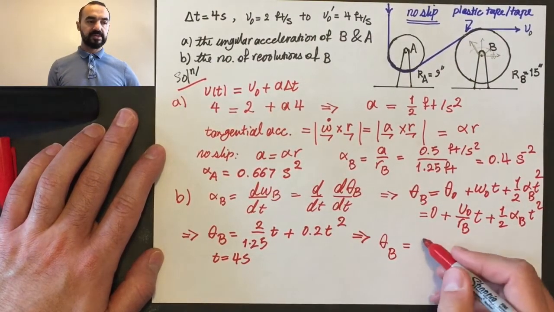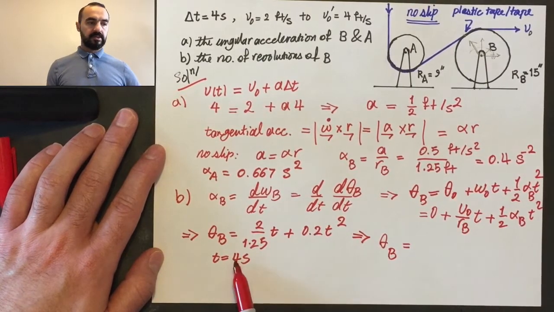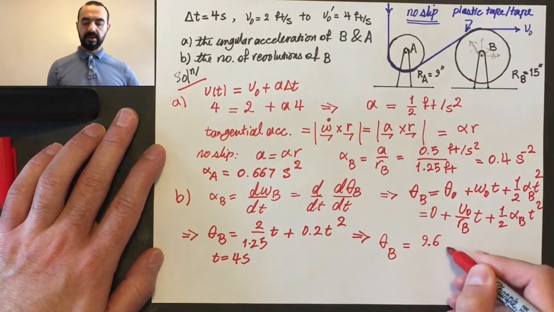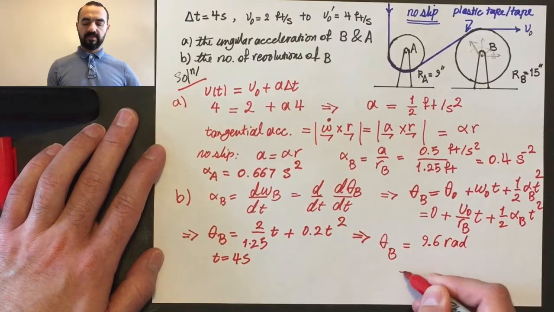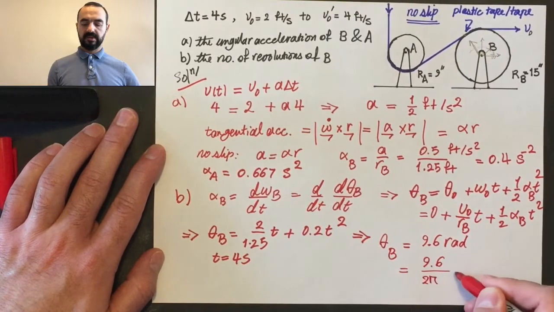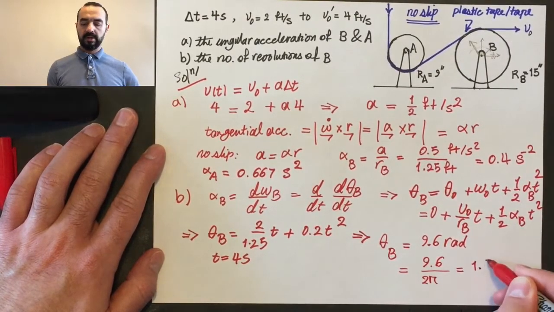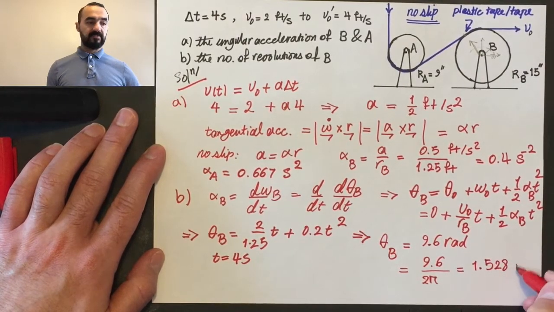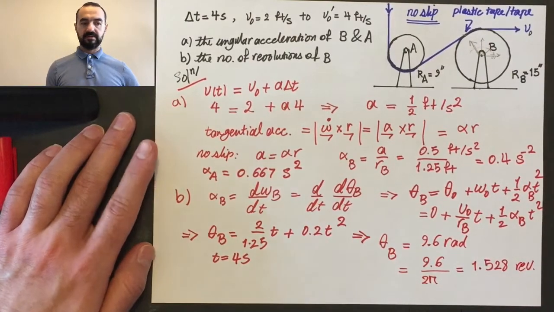So you replace t with 4, and to compute this number, theta B is going to be 9.6. Remember, this is radians. All right, so you would say 9.6 over 2 pi. It gives me 1.528 revolutions.